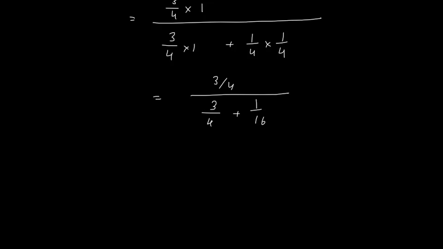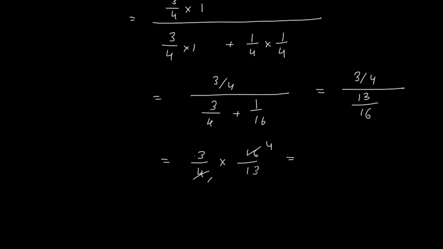So this gives me 3 divided by 4 divided by 3 fours are 12 plus 1, 13, 13 divided by 16. So in short, we are doing 3 by 4 into 16 divided by 13. So 4 1s are 4, 4 4s are 16, 3 4s are 12. So 12 upon 13 will be the correct answer. 12 upon 13. Right?